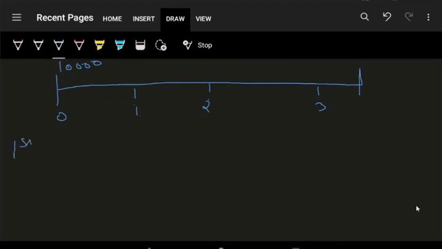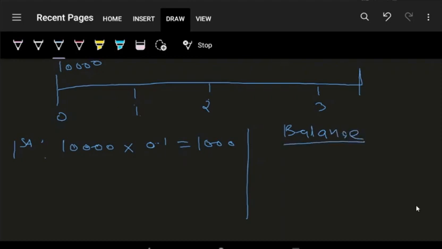At the end of the first year, the interest will be calculated as 10,000 into 0.1, that is 1,000. The balance at the end of each year would be as follows.